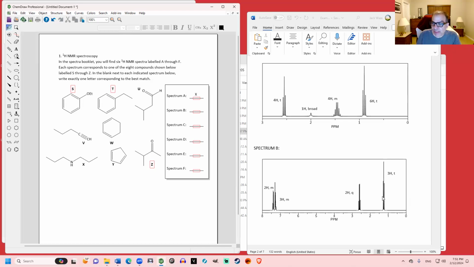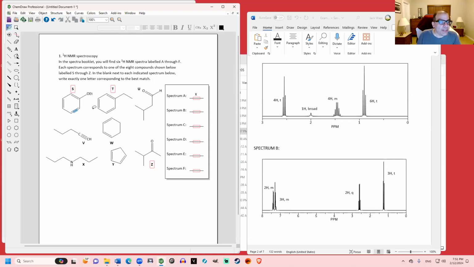In class, we said that's a sure sign of an ethyl group. You have a CH3 with a CH2 next door, 2 + 1 = 3 peaks. And we also have a CH2 with a CH3 next door, 3 + 1 = 4 peaks. So we've got an ethyl group, and we've got an aromatic ring.